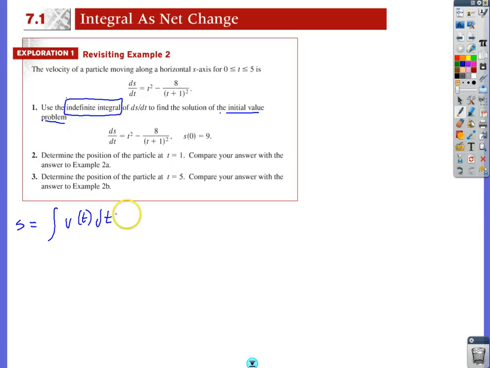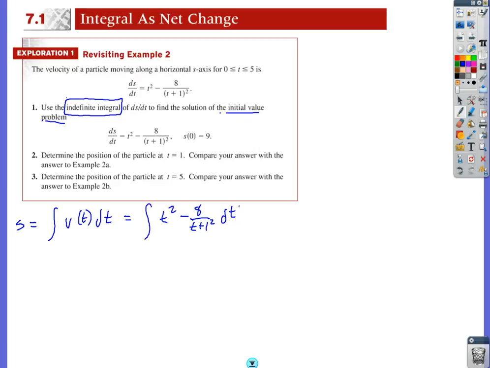So I'm going to go ahead and put that in there. It's going to be the integration of (t squared minus 8) over (t plus 1) squared dt. And I'm going to go through the same process, right? I do still need to separate these.